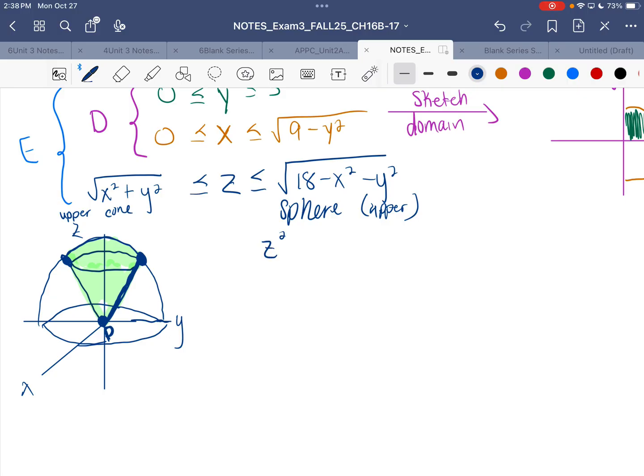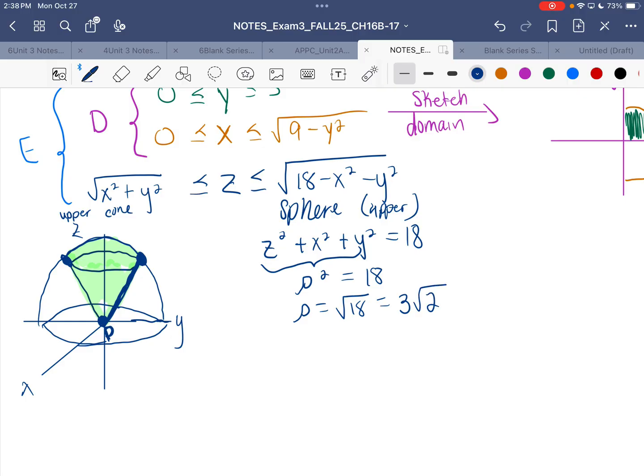So the sphere, solve so it looks more like a sphere. I don't know why I put Z first. This is what rho squared is equal to. So then rho is equal to only the positive square root here.